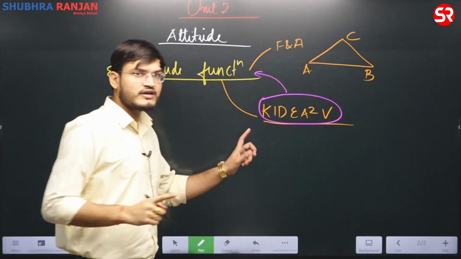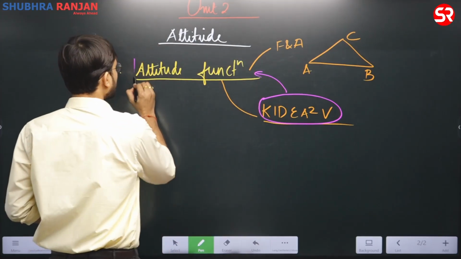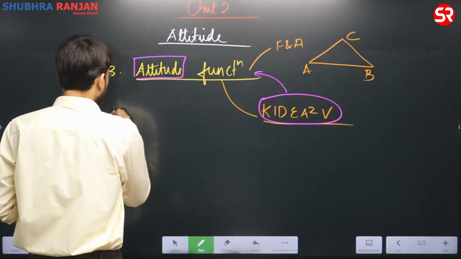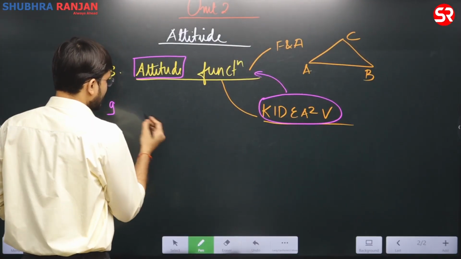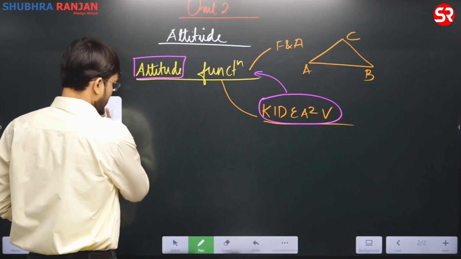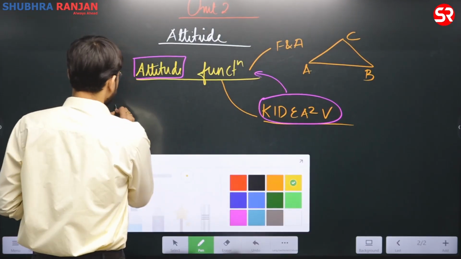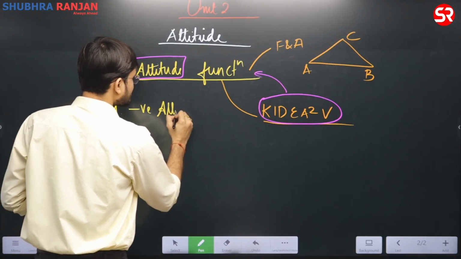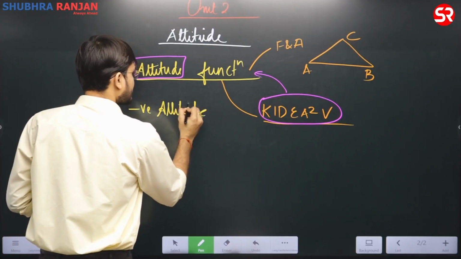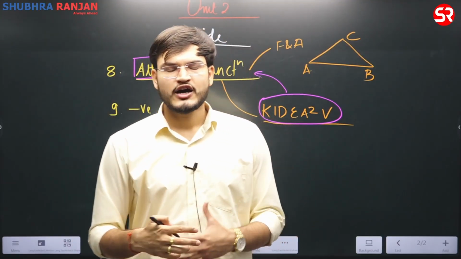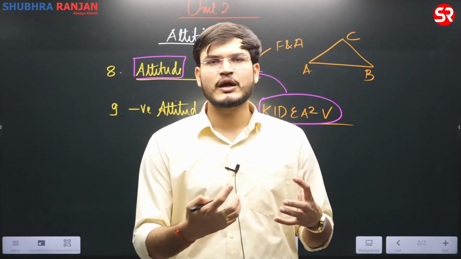Now these keywords should come in the topic of attitude functions. Next theme is, for example, they can ask questions on negative attitude. Yes, remember friends, UPSC asks questions like why ethics and politics do not go together, or why young people are not coming into politics.